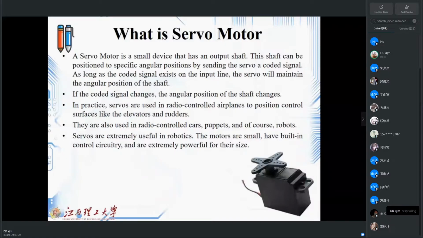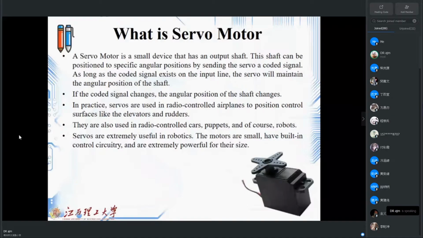In practice, servos are used in radio control aeroplanes to position the control surfaces like the elevator and rudders. They are also used in radio control cars, puppets, and robots, and are extremely useful in the robotic world. The motors are small, have built-in control circuitry, and are extremely powerful for their size.